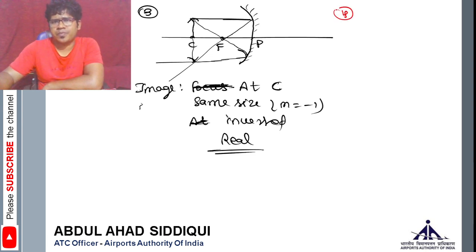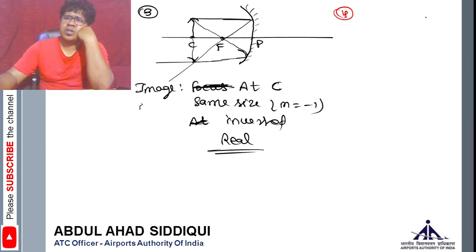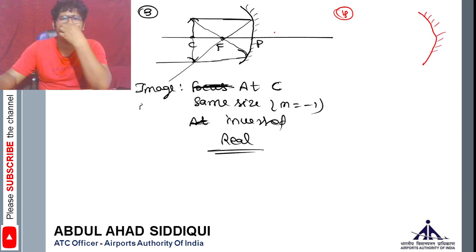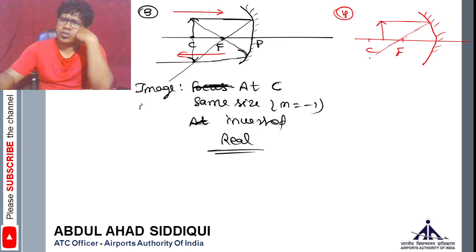Number 4, see there. Number 4 is when your object is between C and F. You can see your object is moving in this direction and image is shifting in this direction. So let's say this is F, this is C, and here is your object. This will come here, after reflection it will pass through focus, and let's say this is coming through focus, after reflection it will go like this.